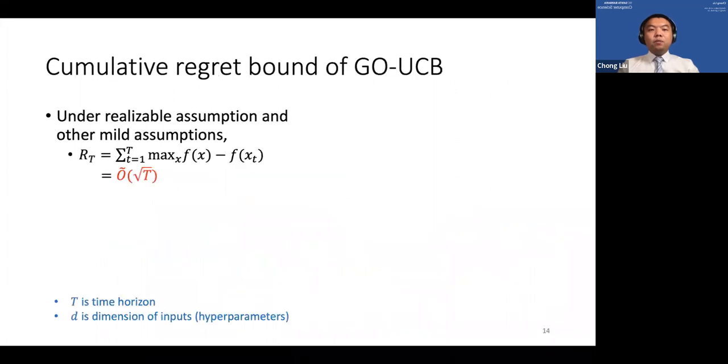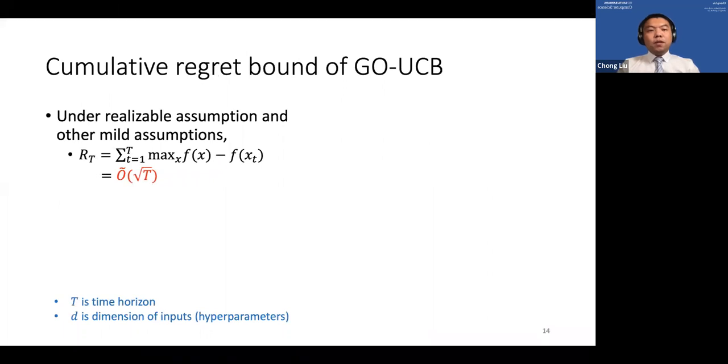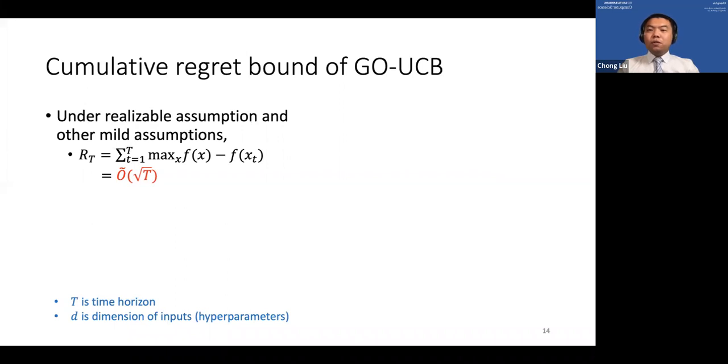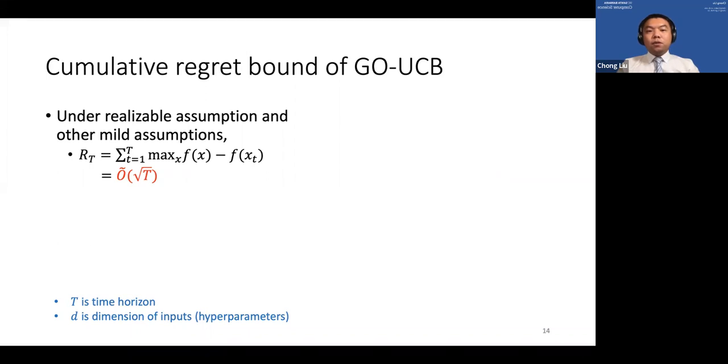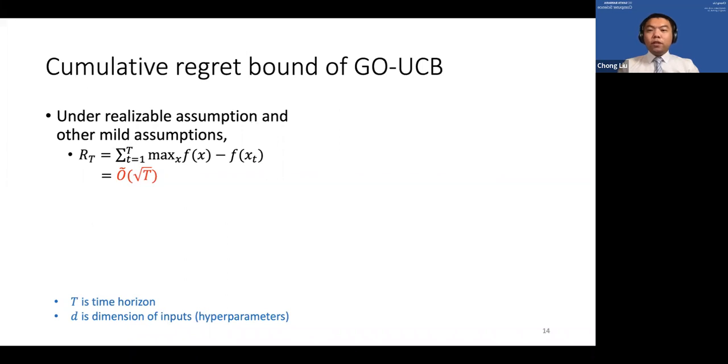So here comes the cumulative regret bound of the GO-UCB. It says that, under the realizable assumption, which I introduced before, this is the key assumption, and also other mild assumptions, the cumulative regret of this algorithm is on the order of the square root of T. What does it mean?